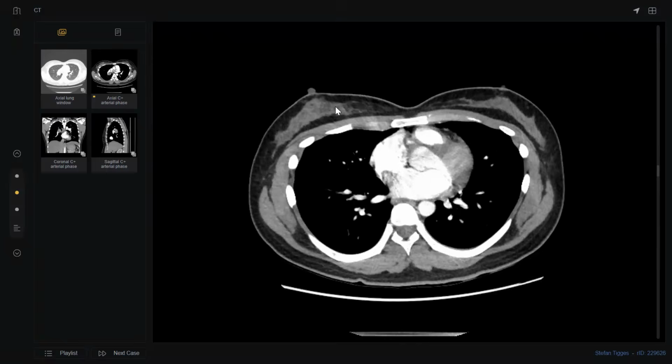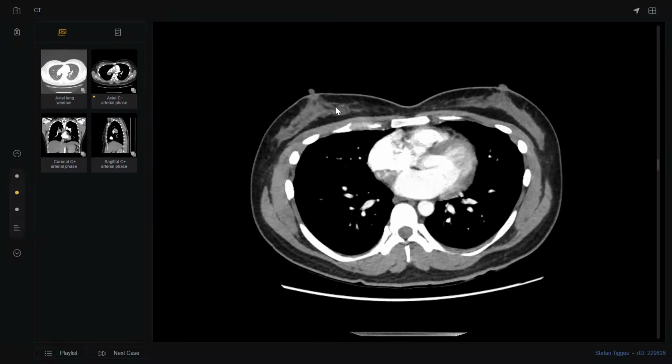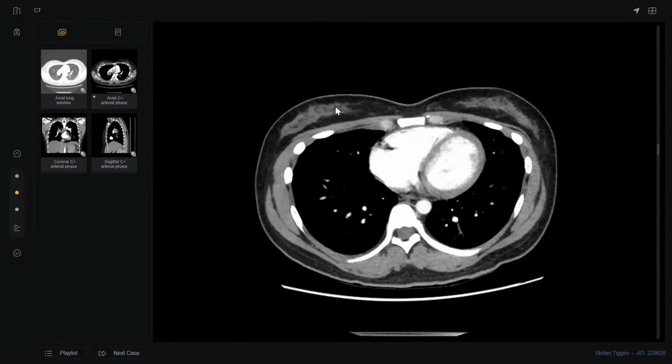Which one will you put as your first differential, carcinoid or other lung mass? I think the carcinoid would be my first differential, because of the endobronchial extension, the endobronchial component of this mass.